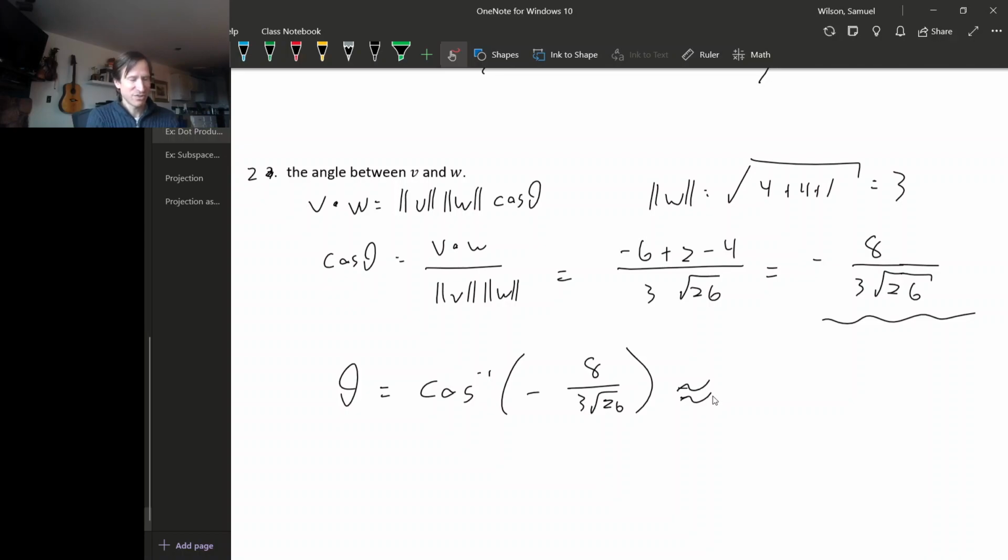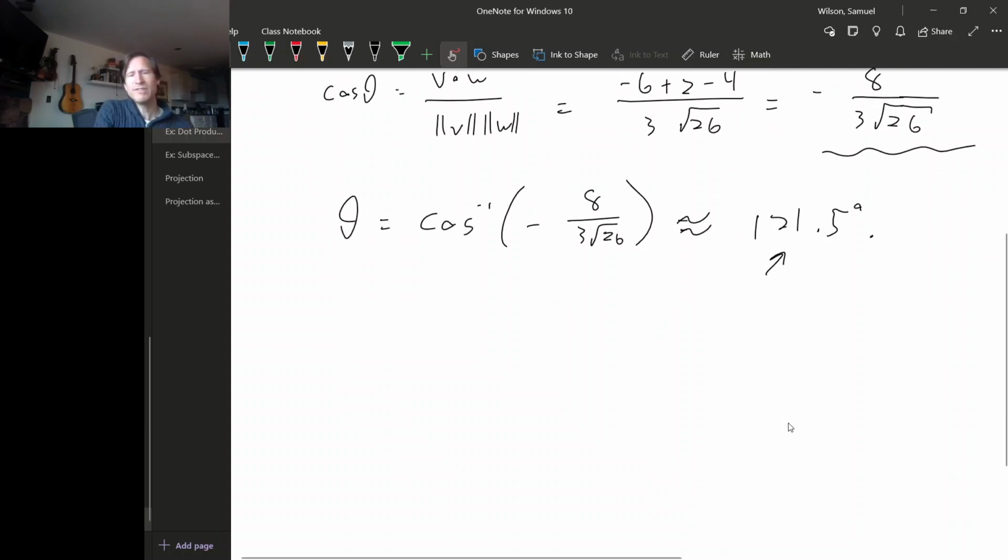And then take inverse cosine of that. And we get 121.5 degrees. Notice that this is an angle that's greater than 90 degrees. And the reason that that happened, so right, we have an angle bigger than 90 degrees, so something like this.